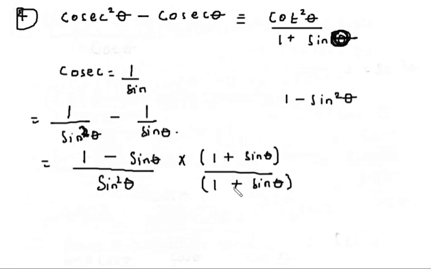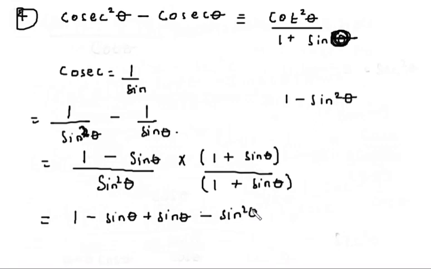Okay, so if you do that, you have 1 times 1 is 1, minus sine theta, plus sine theta, minus sine theta times sine theta squared. So this is sine theta squared.